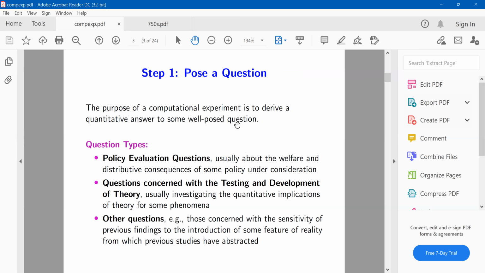So one type of question is the policy evaluation questions, right? Sometimes you want to be interested in the welfare consequences of certain policies, okay, or the distributive consequences, or the growth consequences, right? So when I change a policy, imagine that there is a government there.